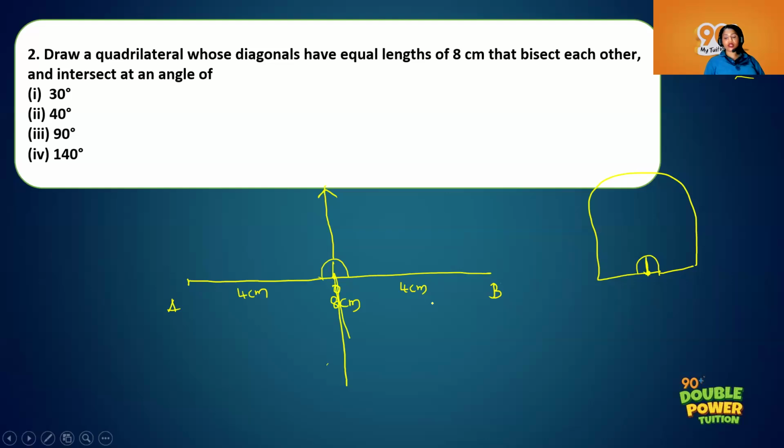Do you have compass with you? No, ma'am. Take your compass and come. From the next class onwards, please make sure to bring your geometry box. Others, please draw 140 degree.